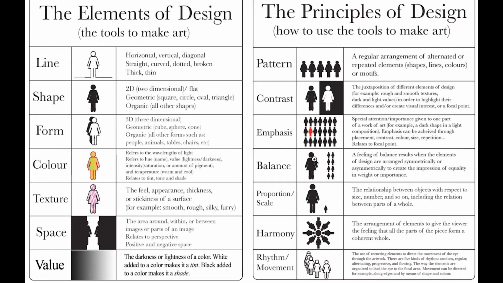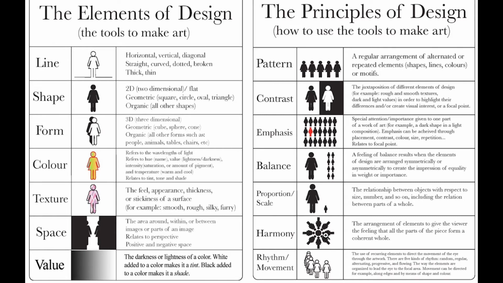Because the scale of this figure takes up about the same amount of space as the scale of this side. Proportion and scale. So it's related to balance. Right now, on the left, the scale of this figure is much larger than the scale of the figure on the right.